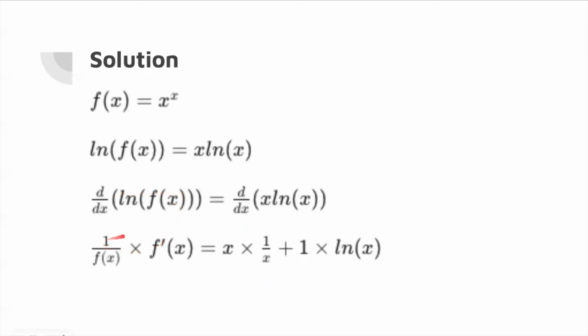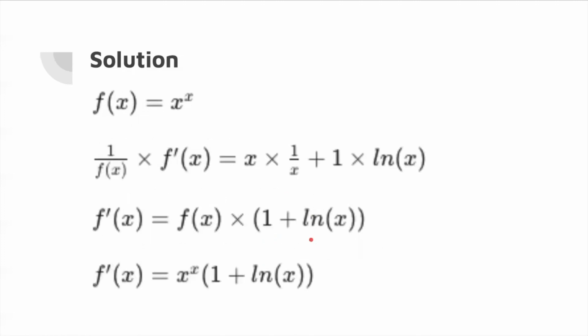So we've already seen how you do the left side. And for the right side, you use the product rule. So we have the x times the derivative of ln x, which is 1 over x, plus the derivative of x times ln x.